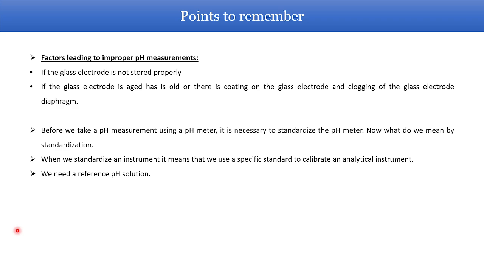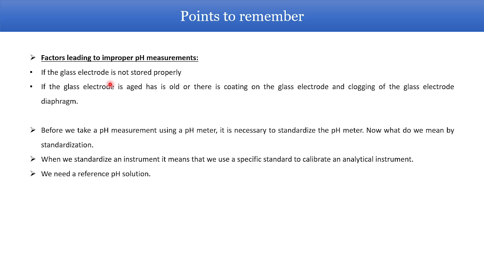The points to remember are that there are a few factors that lead to improper pH measurement. There is a storing solution for the storage of the glass electrode. If the glass electrode is not stored properly, it can lead to improper measurements. If the glass electrode is old, has rust on it, or has a coating of salts and other samples, like the previous person who used it did not clean it properly, there can be salt or rust deposition.